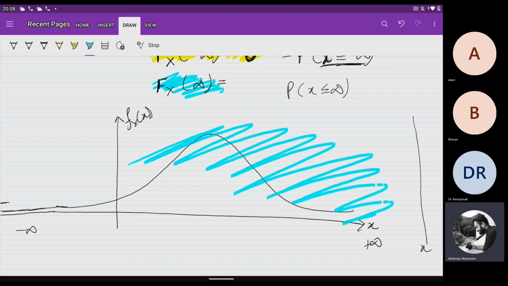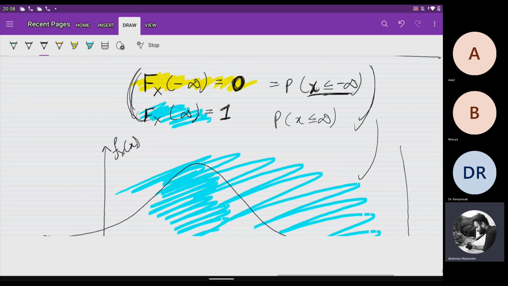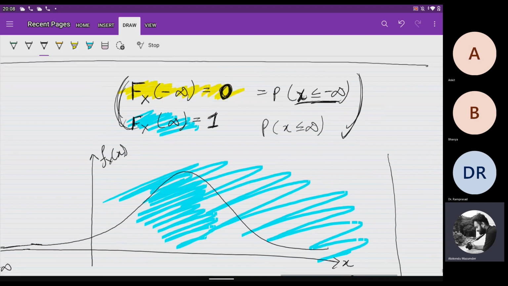That's what the CDF is: you compute the area behind the point. So it will be 1, because we are computing all the area. So far, any doubt in this? No. Okay.